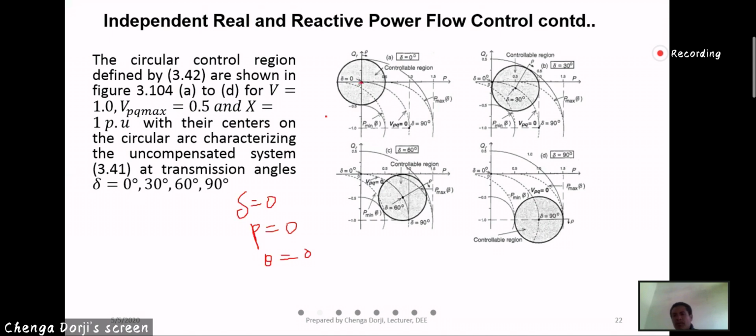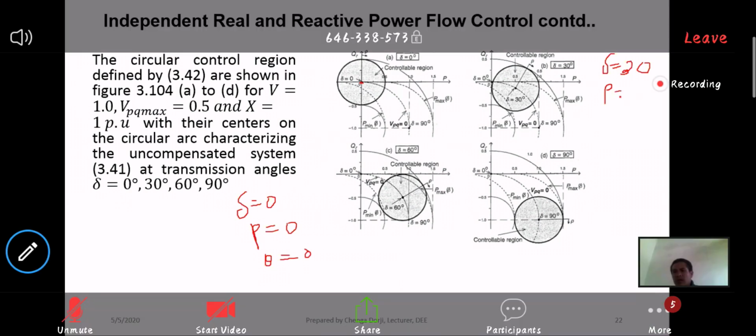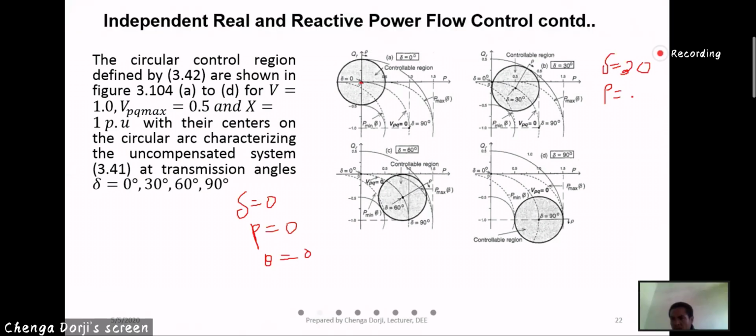Now when del is 30 degrees, what is your p? P is 0.5, yes.